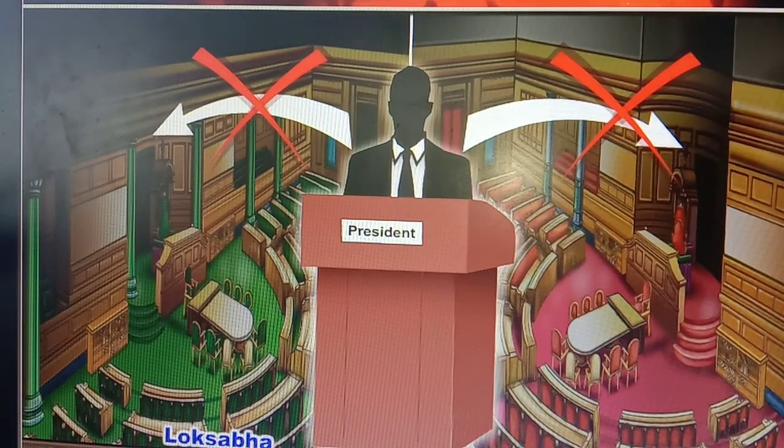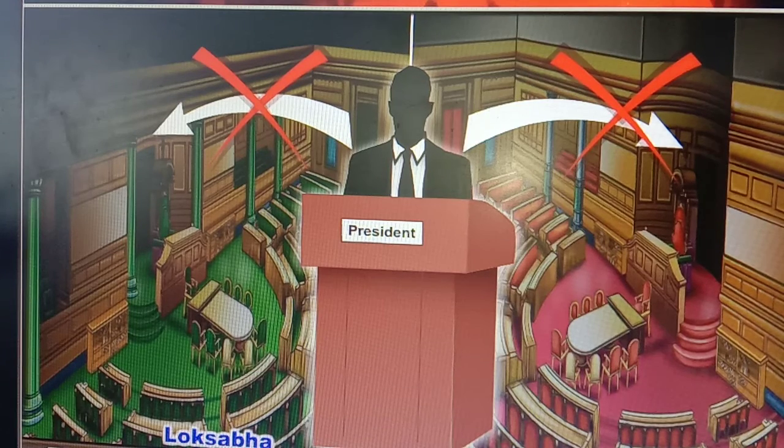The Members of Parliament take part in the discussion and deliberation. When any bill is sanctioned by Lok Sabha and Rajya Sabha, finally it goes to the President, who signs that bill, and then the bill is converted into law.